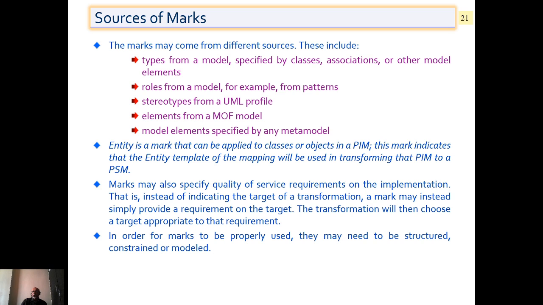And the role: for a class person, the role is a boss, or an employee, or a husband, or a child. These all indicate this set of marks, right? They also specify the QoS requirements, that is quality of service requirements, on the implementation.